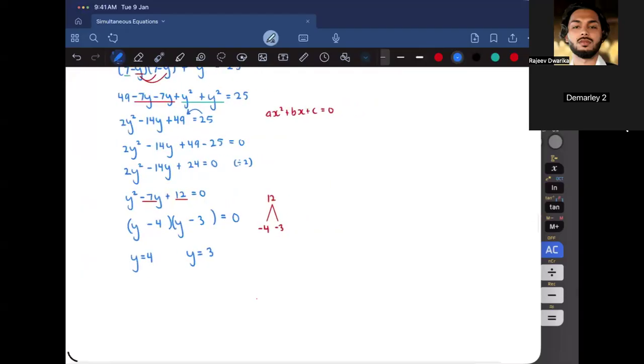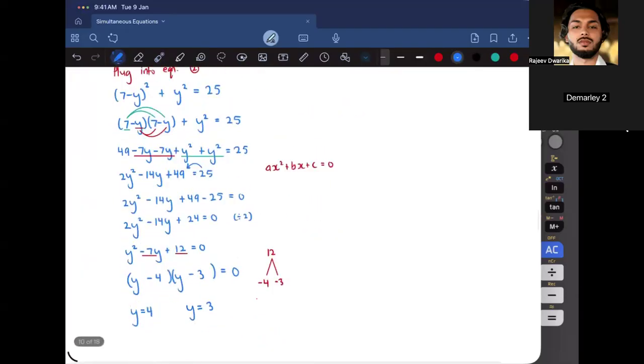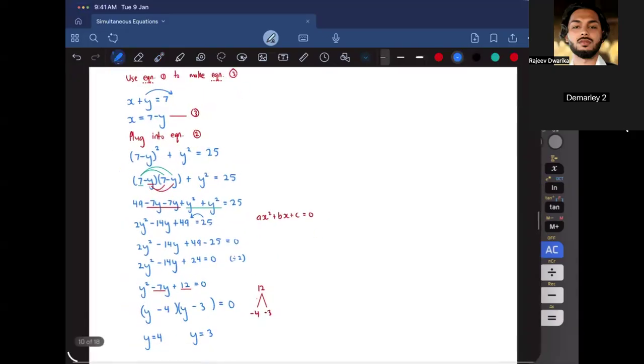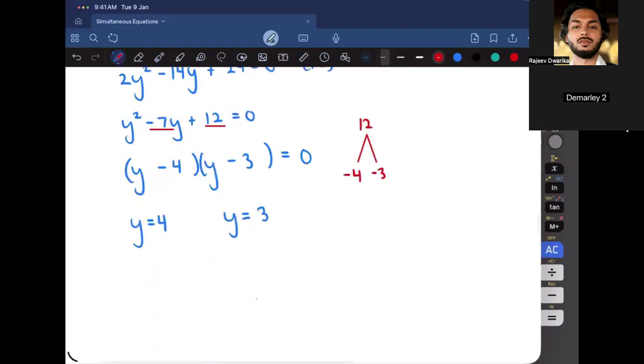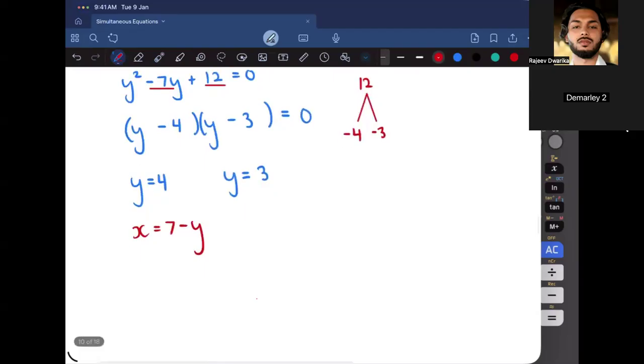Cool. And to find x, I'm going to use equation 3, right? Equation 3 was x is equal to 7 minus y. So I'm going to get two answers. My first answer is going to be when y is equal to 4.